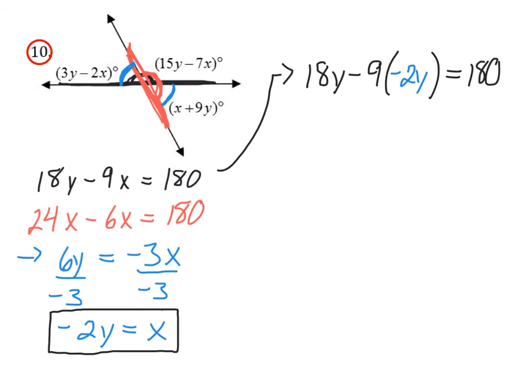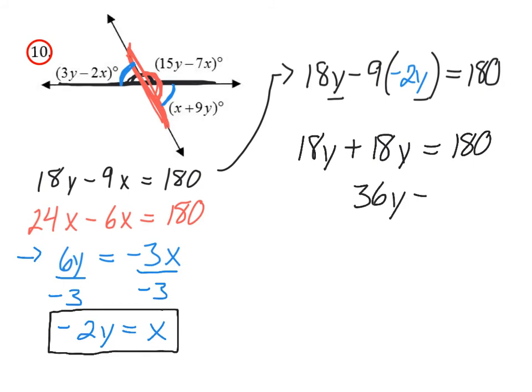Now the purpose of this is to get rid of my x's. Now I have one equation with just y's, which is going to leave me with 18y plus 18y equals 180. So I end up with 36y equals 180.